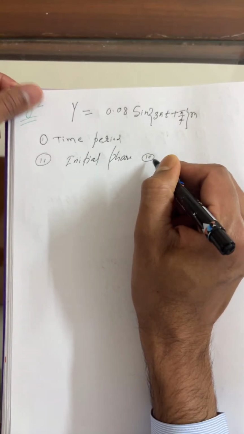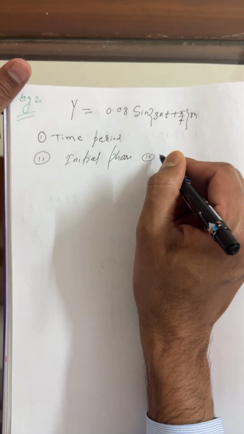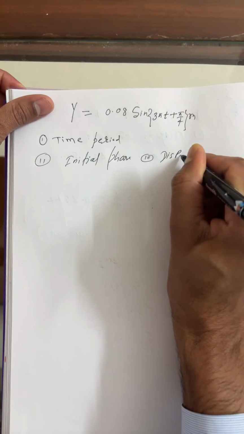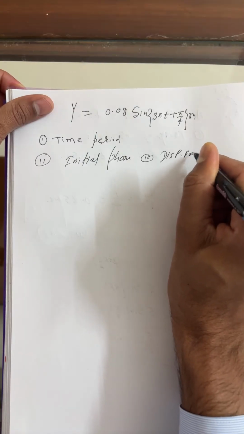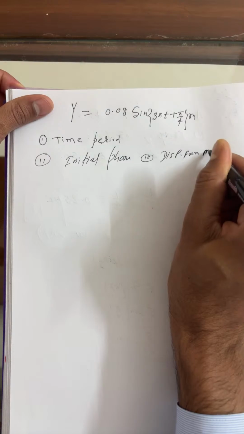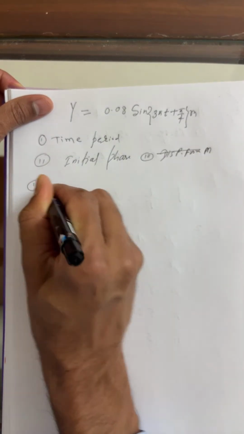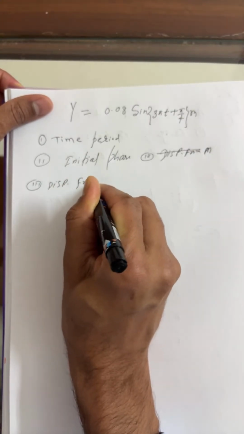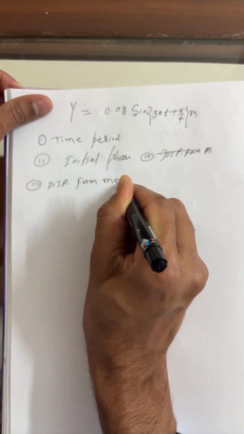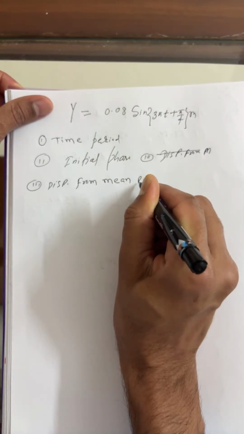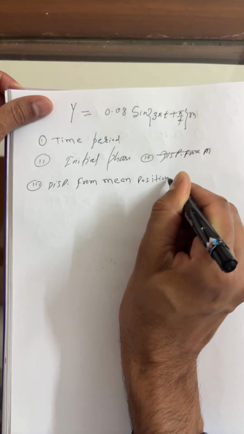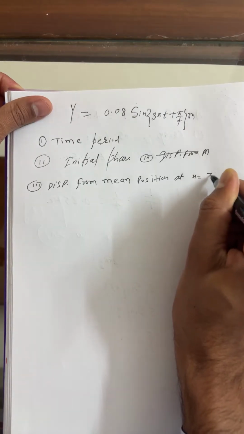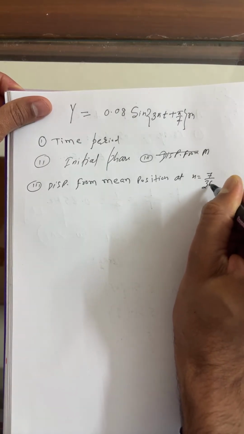Initial phase, with time period, initial phase, and third, you can find displacement from mean position at x equals 7 by 36.